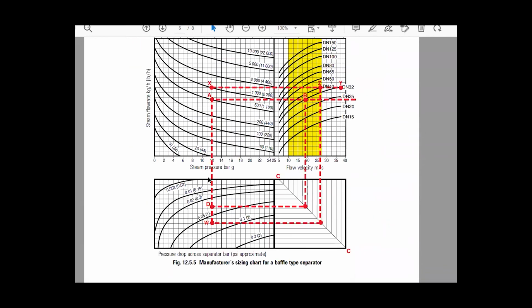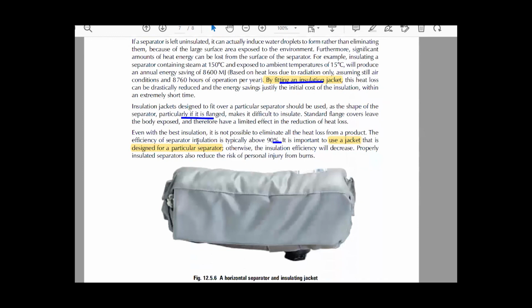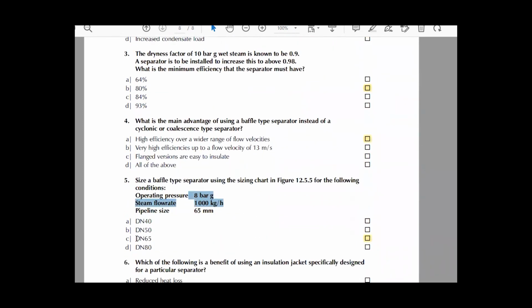It's 8 bar and 1000. So I will hit here. I will take a horizontal line with DN65. It's in the shaded region, so my size is DN65. So the right answer is DN65.